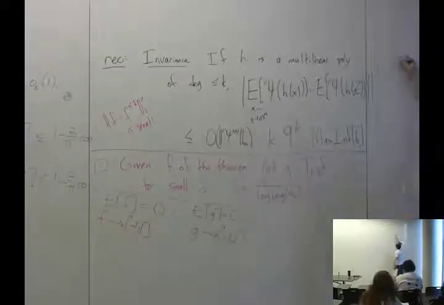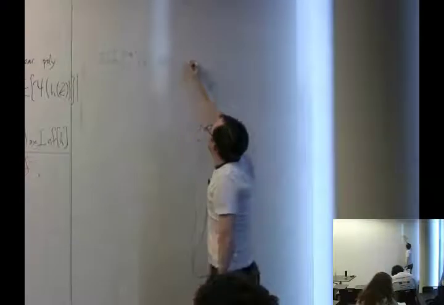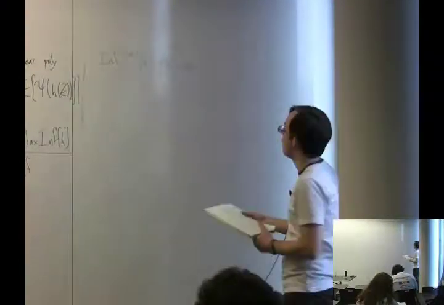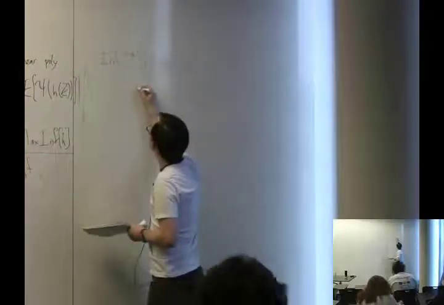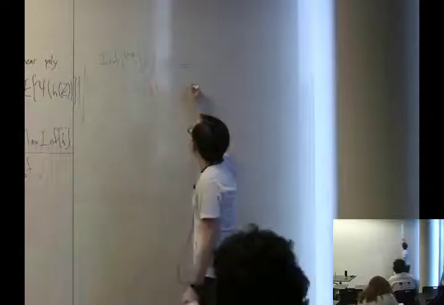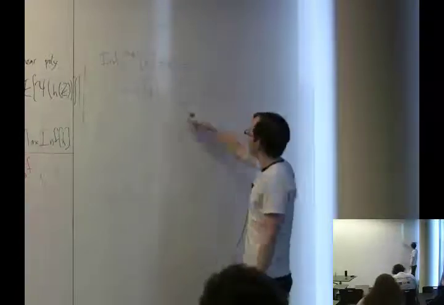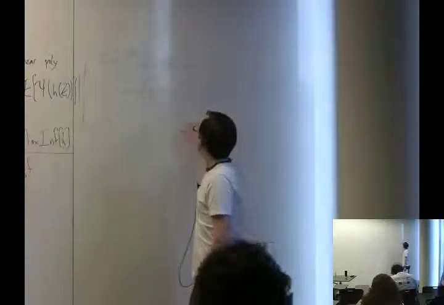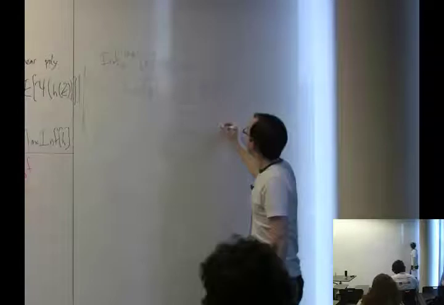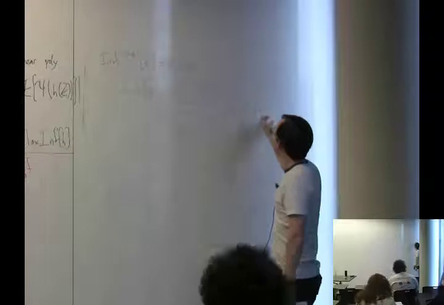We also knew by assumption that F's influences, even with this 1 minus epsilon stability parameter, were small. So I claim that means that G's normal influences are also small. Why is that? Let's look at the influence of I on G. By definition, that's the sum of the squares of the Fourier coefficients of G that involve I. And this is the definition of G. So this is just the sum over S that contain I of (1 minus delta) to the 2 cardinality of S, F hat S squared.